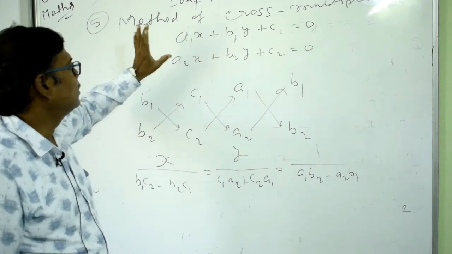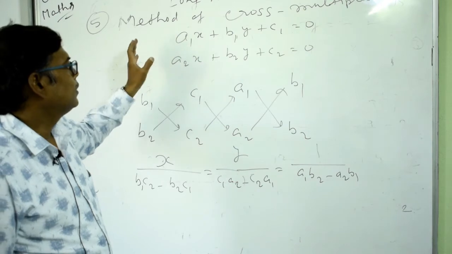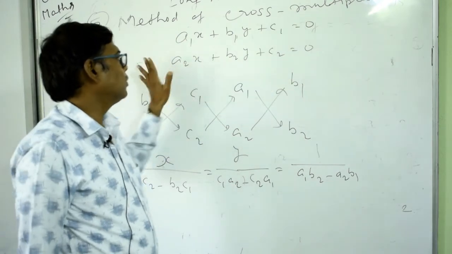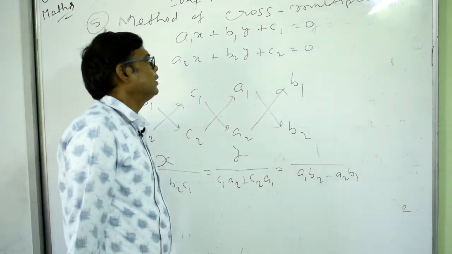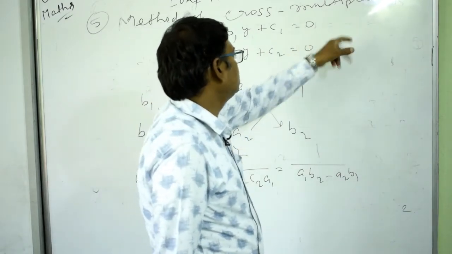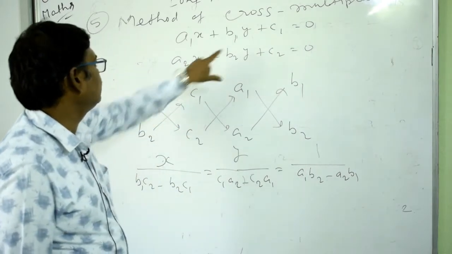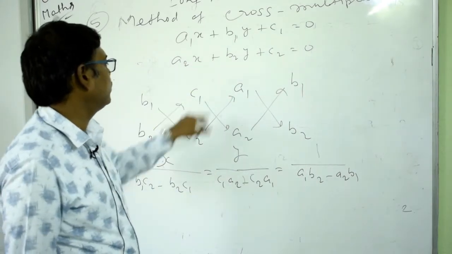Okay, remember this. The first step is that you are given any equation, then first bring all the terms to the left hand side, and on the right side you have only zeros, and then write the coefficients like this. That is B1 B2 C1 C2 A1 A2 B1 B2.